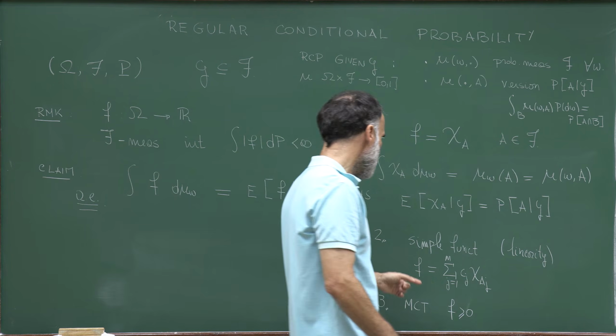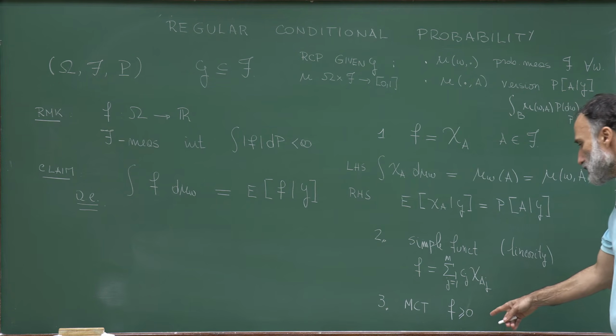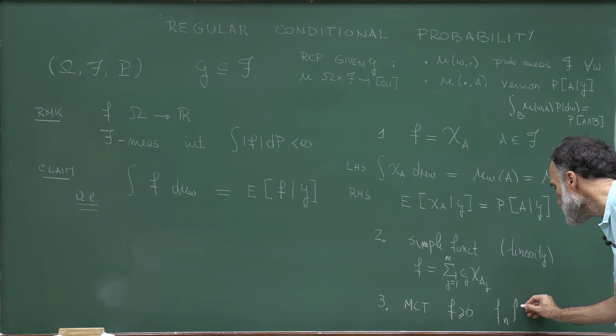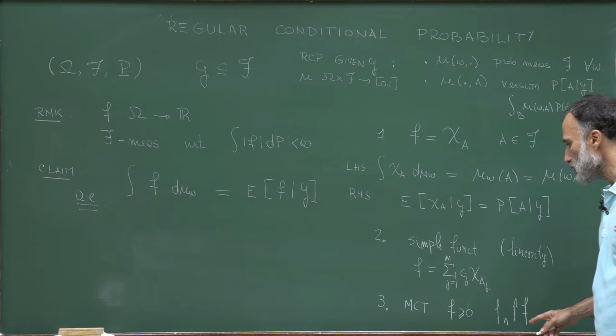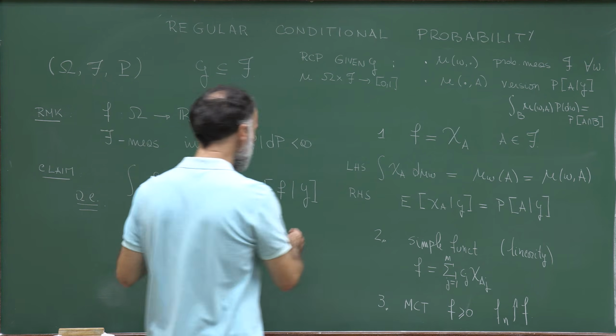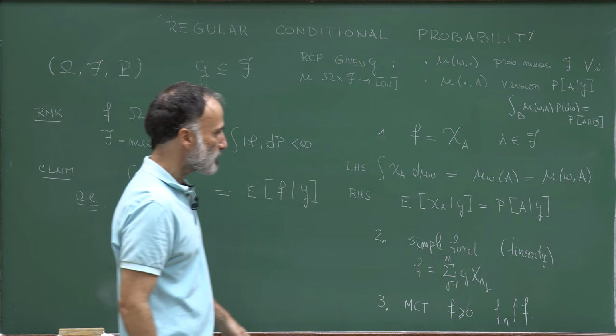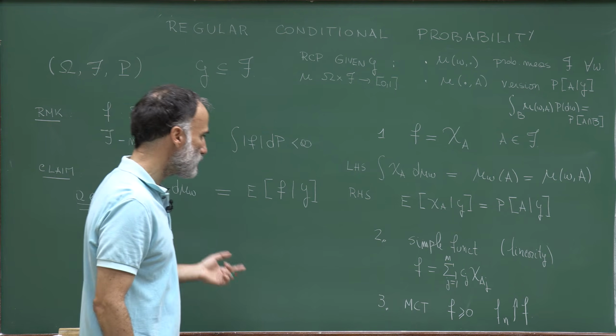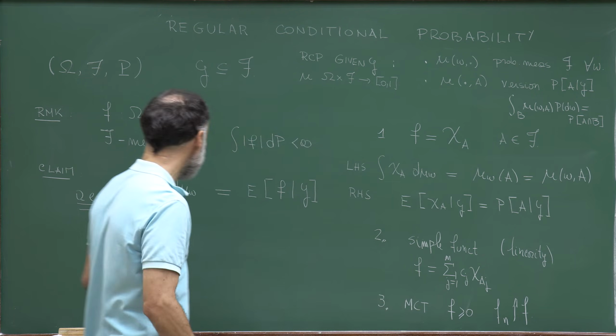So if f is measurable and non-negative, I can always find a sequence of simple functions which increase to f, and then I can use this identity for these simple functions and the monotone convergence theorem to extend this identity to non-negative functions.